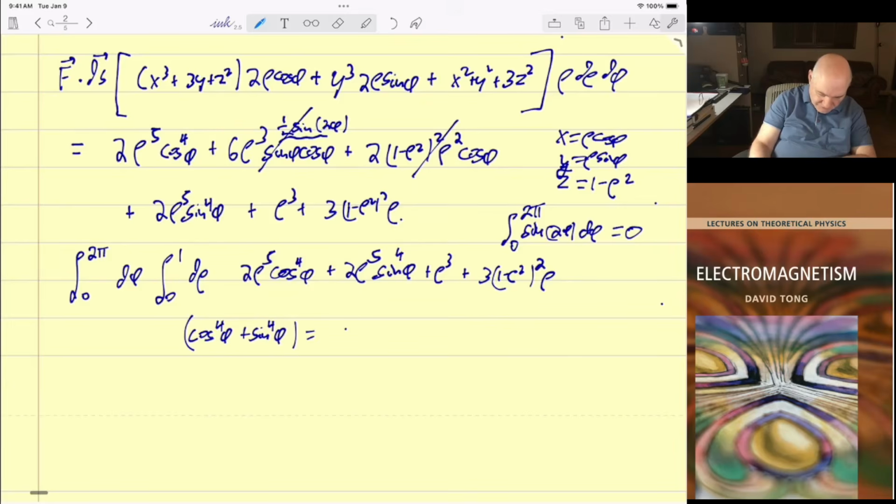This is equal to cosine squared phi plus sine squared phi, squared, minus 2 cosine squared phi sine squared phi. Cosine squared plus sine squared is equal to 1.